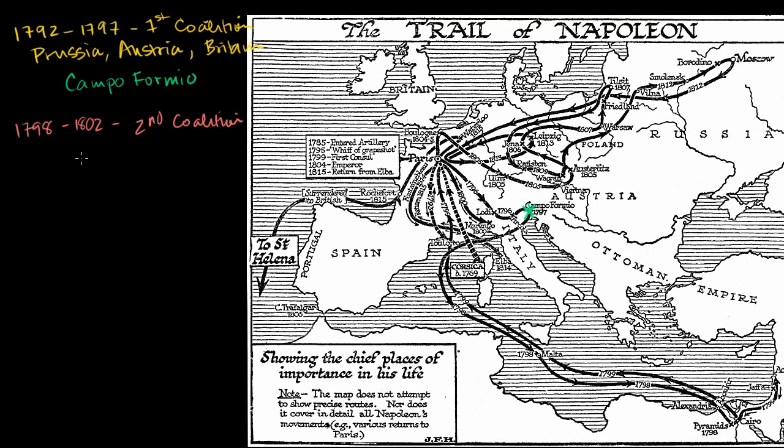And here the players, once again, you have Austria and Great Britain. They tend to be always at war with France at this period, especially Great Britain. And instead of Prussia, you have Russia.